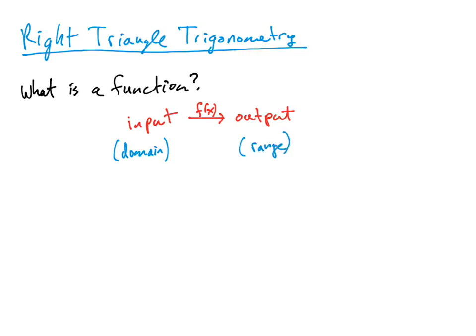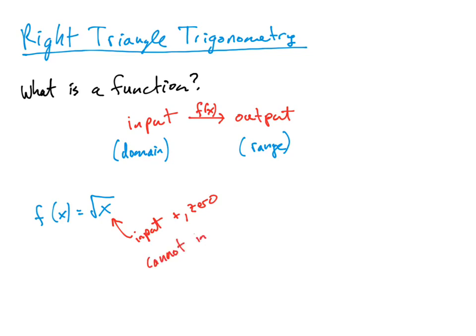Let's talk about a common function. Let's say I have f of x is equal to the square root of x. The numbers that we can input take the place of the x. In this particular function, we can input positive numbers or 0. We cannot input anything that's negative.